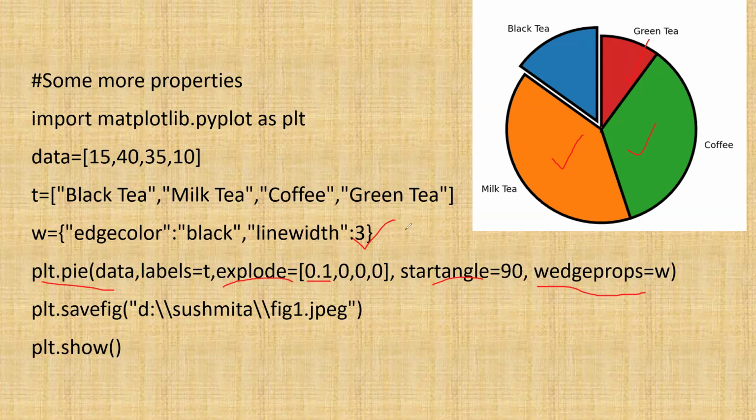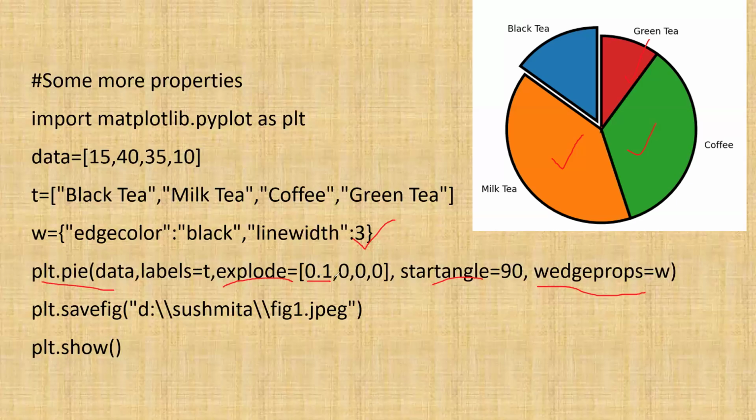ठीक है, सो 1% से अगर 0.2 कर दोगे, 0.3 कर दोगे, तो और ज्यादा पीछे होता जाएगा, और ज्यादा एक्सप्लोड हो जाएगा। ठीक है, so that is how I'm going to mention it. So here you may have other slices also exploded from the main center point, right? So this is a set of values I'm giving for the explode, four slices.